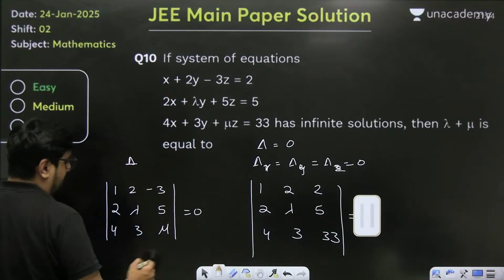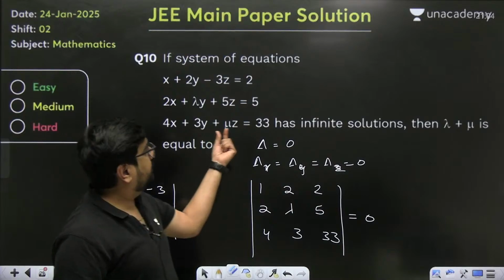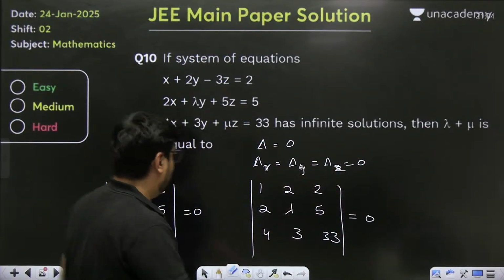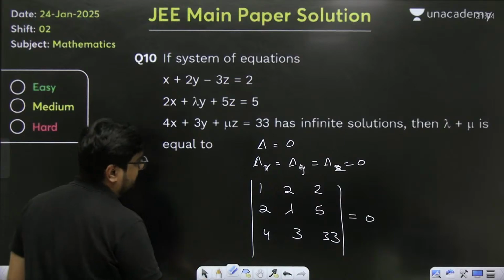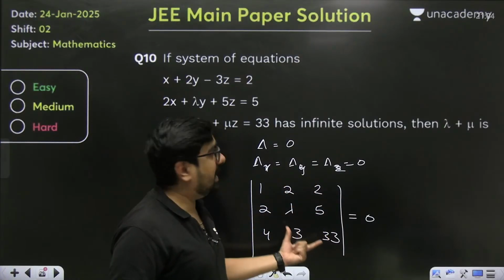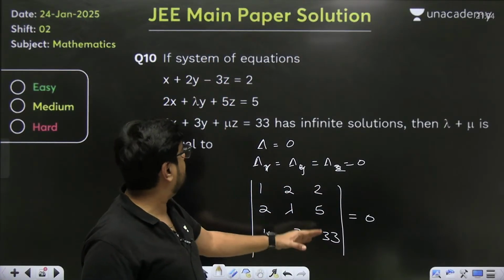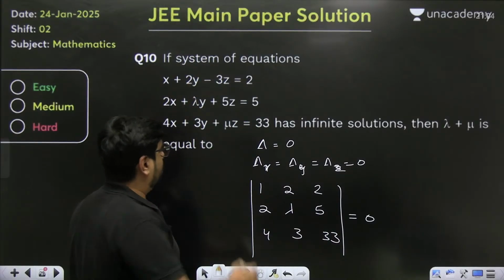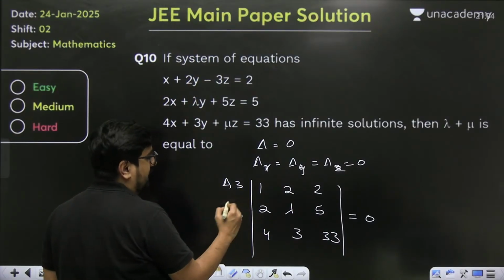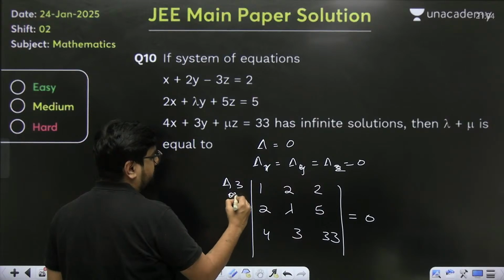Directly put lambda. What do we need? We need mu and lambda. So doing this though is not giving us anything. Delta equal to 0 is not giving us anything. Delta 3, delta z equal to 0, instead of z, all the terms are there. Now what you do, put delta 2 equal to 0. This is your delta 3 or delta z.